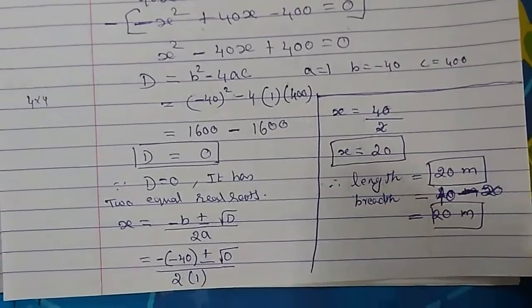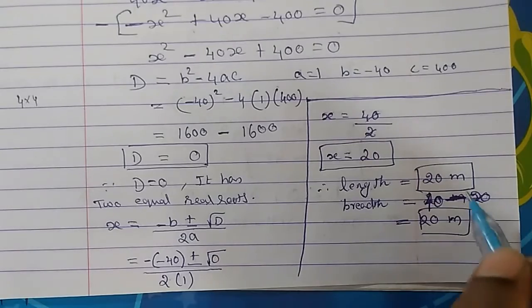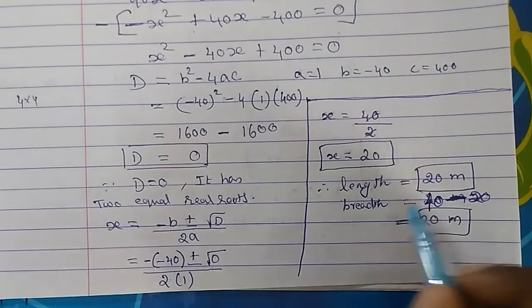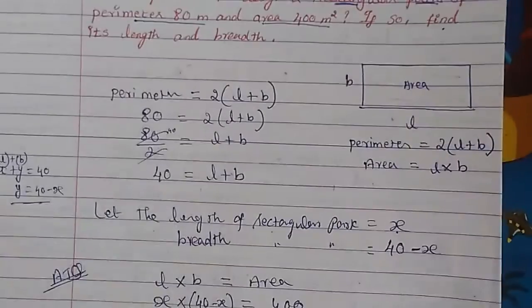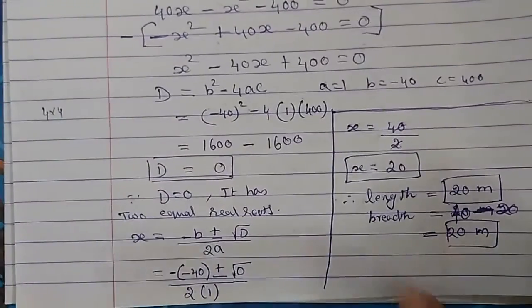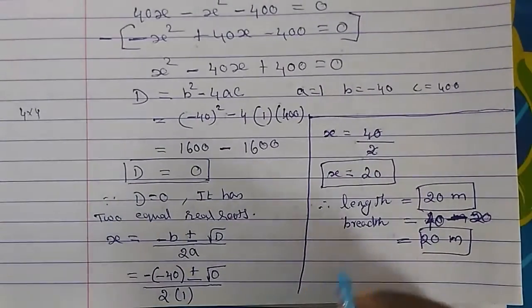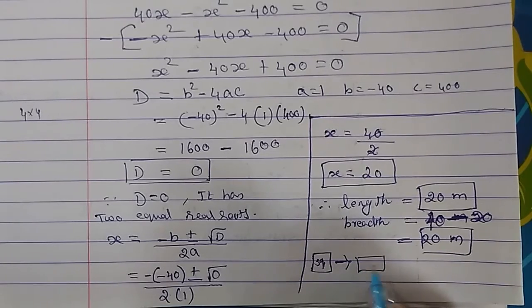So now the question arises, how can a rectangle have all sides the same? Length also is 20, breadth also 20. How can we say that length and the breadth can be same in the rectangle? For that, remember that if this is the square, a square can be called a rectangle. Why?